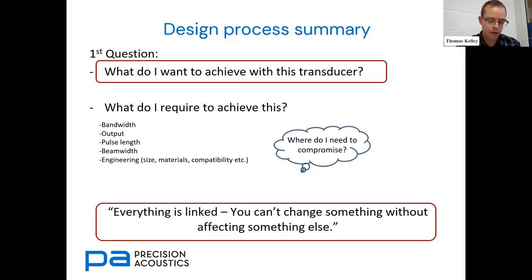The bandwidth, output, the pulse length, the beam width, the drive side. And it's worth thinking about what you can compromise and what you can't compromise on. Because as we said, a lot of applications will require compromise somewhere. So it's really good in establishing in your own mind which parameters you're willing to compromise and which can't be compromised.